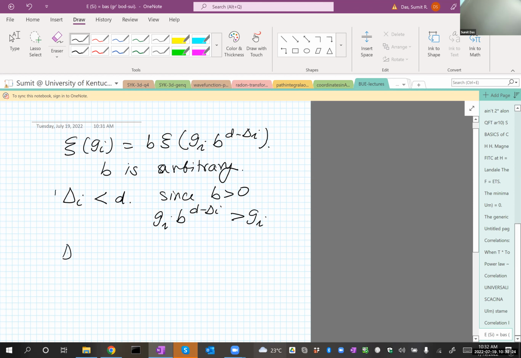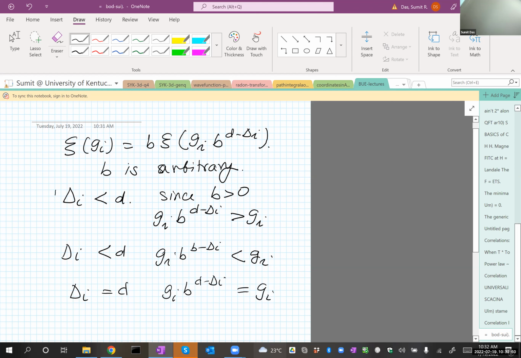Whereas if lambda i is greater than d, this quantity is less than gi. And if lambda i is equal to d, then of course b to the d minus lambda i is exactly equal to gi.